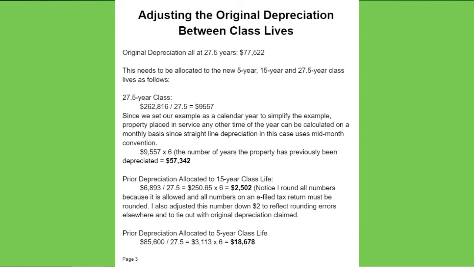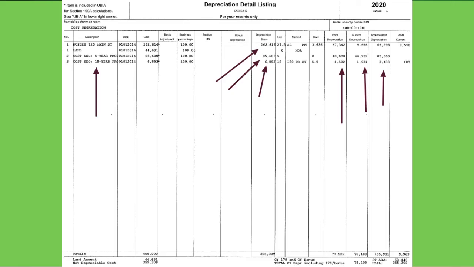So for the 15-year property, you're now going to have a starting basis or a starting date of 1/1 of 2014. That's the original date the property was purchased. You're going to put down that $6,893 is the basis that needs to be depreciated, and that the prior depreciation already claimed was $2,502.